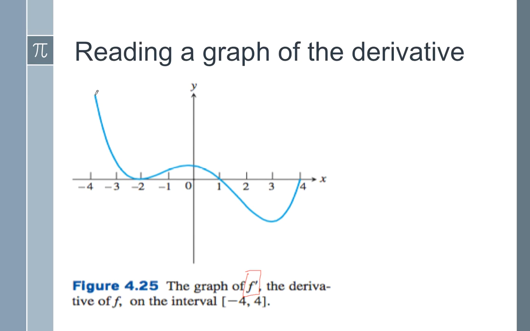And here's what we can do. We can say this. From -4 up until 2, the derivative is positive. It's above the x-axis, and therefore my function has to be going up. But something interesting happens here. The derivative is 0. However, because the derivative does not change signs and go negative, it actually is not a maximum value. It just levels off and then goes positive again. That's flat, by the way. It's not curved.